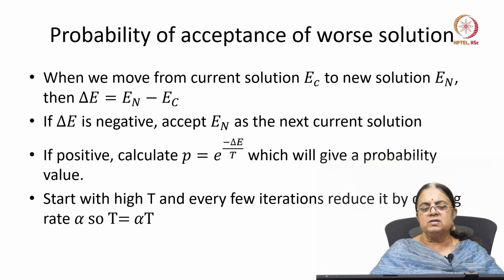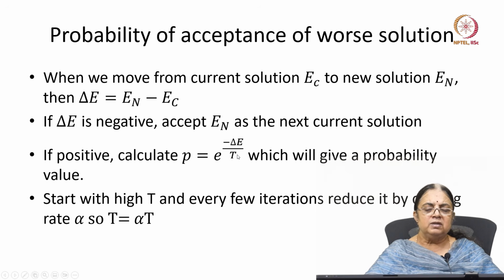But if it isn't, then you calculate this probability here, which is e to the power of minus delta E, the difference between the two, divided by t. Now this t, you start with a high t, and as you go on in the algorithm you keep reducing it.